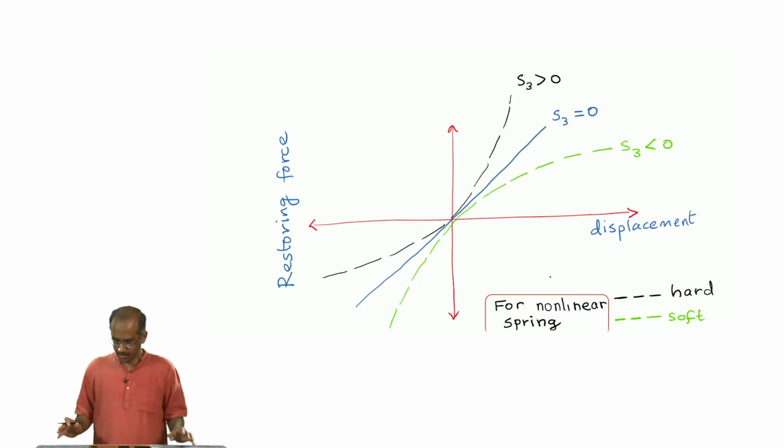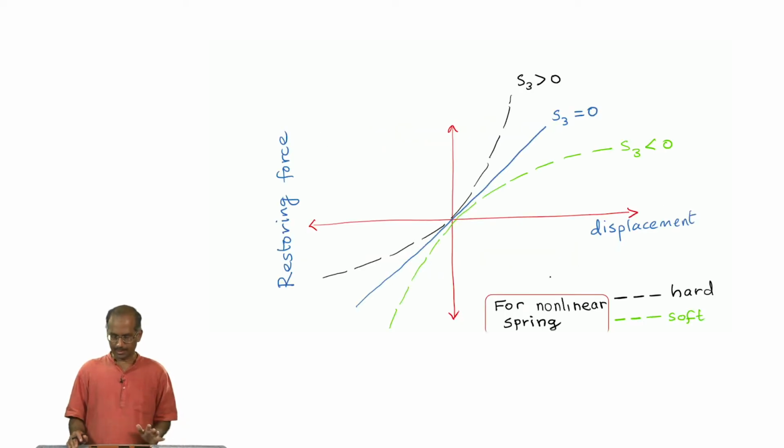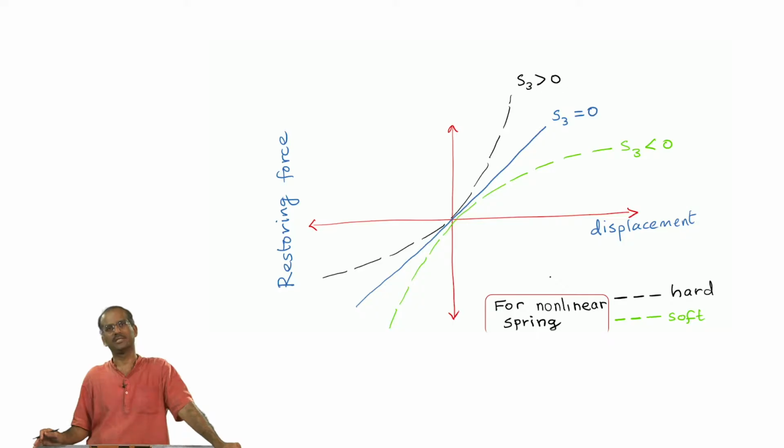So, broadly speaking, if I only restrict myself to, let us say, the three terms S1 x plus S2 x square plus S3 x cube, and for the moment I get rid of the square term, then broadly there is this blue curve that you get when S3 is equal to 0.